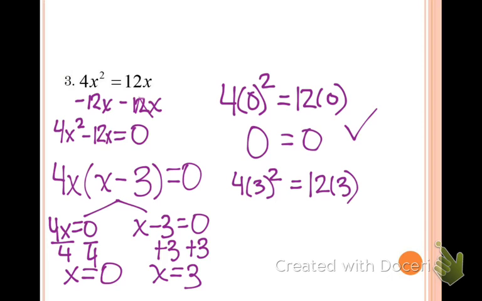We need to do our exponent before we multiply. What's 3 squared? 9. What's 12 times 3? 36. We got there eventually. What's 9 times 4? 36. Also 36.